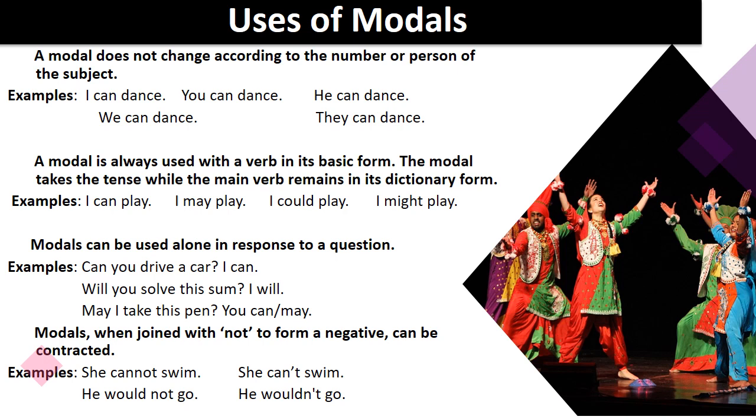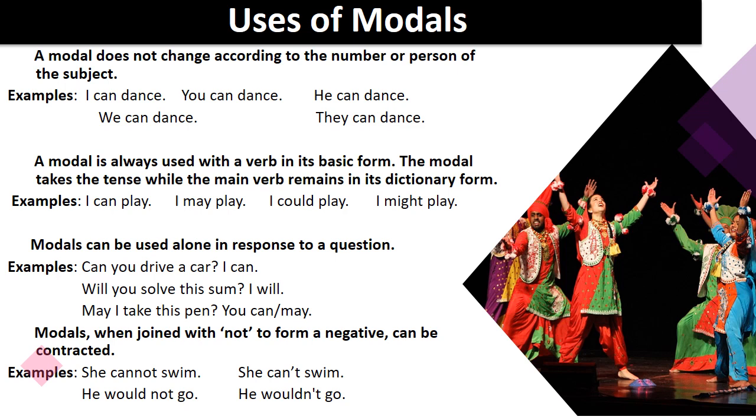Now students, when you learned tenses, there you saw that we change the verb according to the number. If a person is singular, so we say I dance, but when it is third person, we say he dances. So normal verbs, they change according to the number or person.